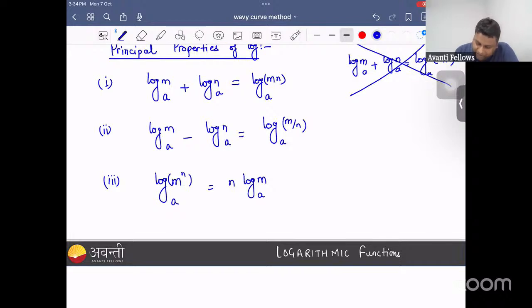This power will come out common. Got it? This power will come common. So these are the three basic properties of log.